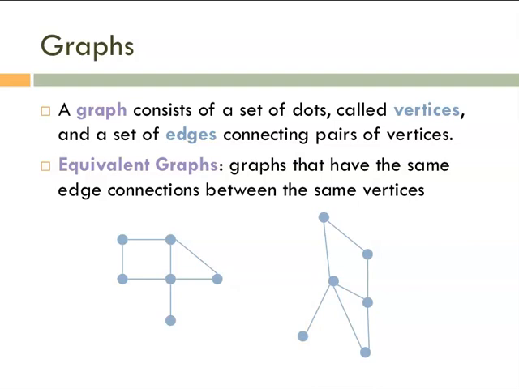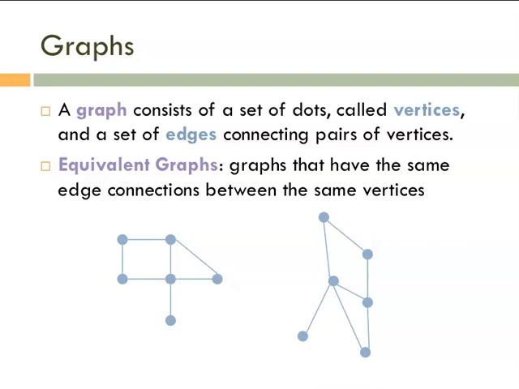And you'll notice we still have all 6 of those vertices. And the edge connections, it's not just that there are the same number of edge connections, but that you can map each vertex to its corresponding vertex on that second graph by which vertices it's connected to.